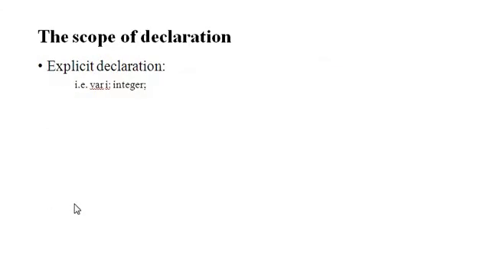Scope of declaration. A declaration is a syntactic construct that associates information with a name. A declaration may be explicit, such as variable I, which is integer, or it may be implicit.